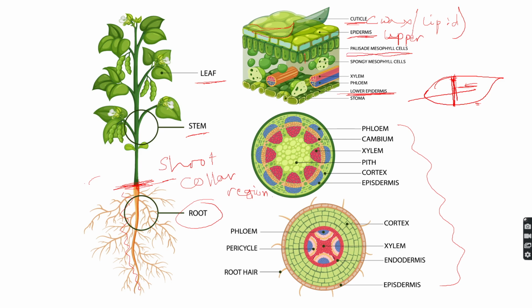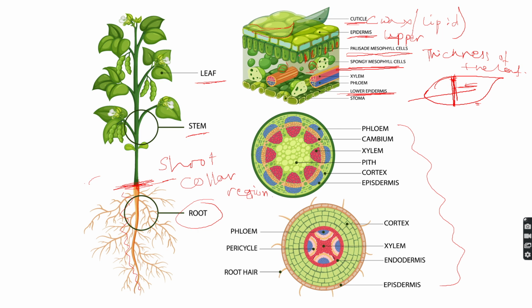These cells are elongated structures, and these cells are basically responsible for the thickness of the leaf. Again, you can see another type of mesophyll cell. We call it spongy mesophyll cells, and these spongy mesophyll cells are mainly spherical structures.